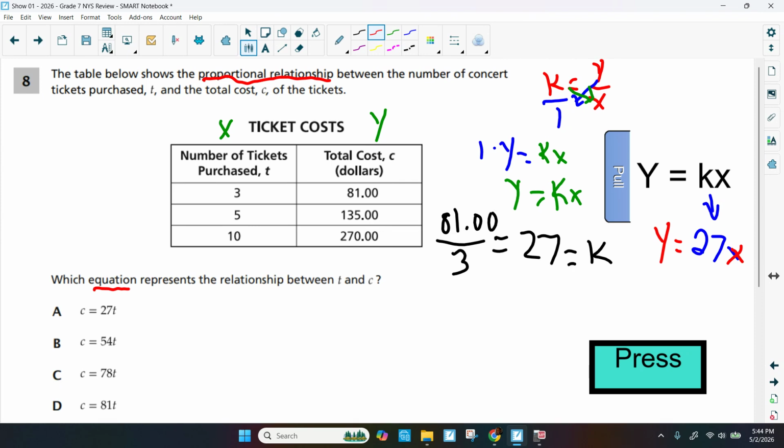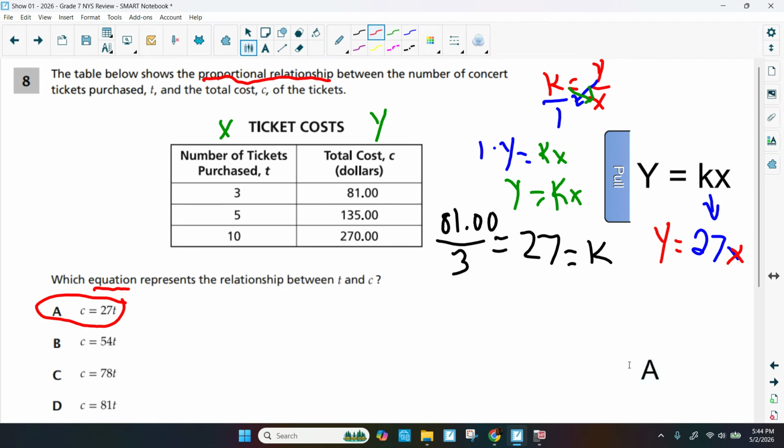So if you find your constant of proportionality, or unit rate if you like, you should have no problem deciding which would be the equation, because it's $27 times the number of tickets, which will equal the total cost. So I go with choice A. And let's see, there we go, choice A. All right, let's keep moving.